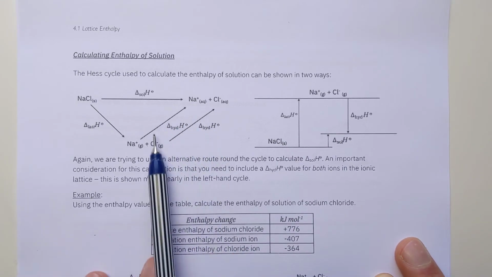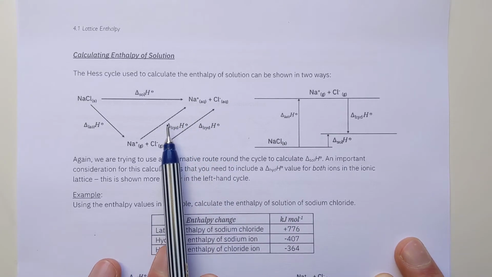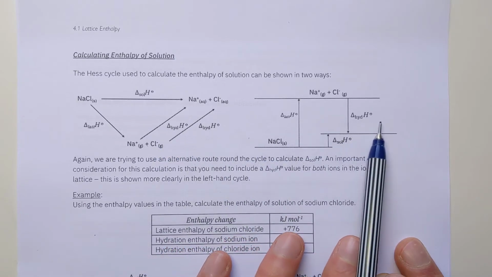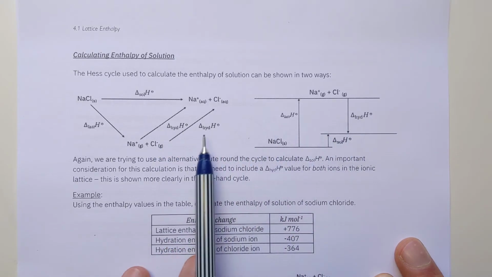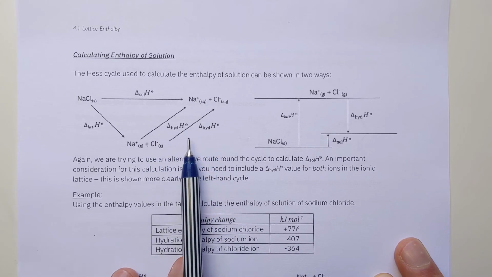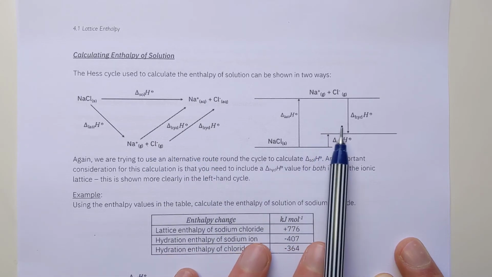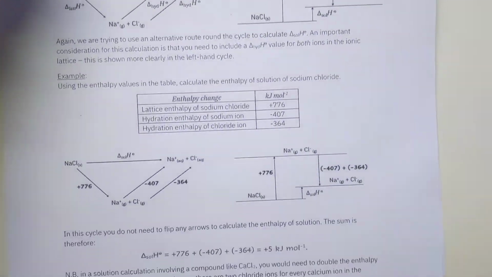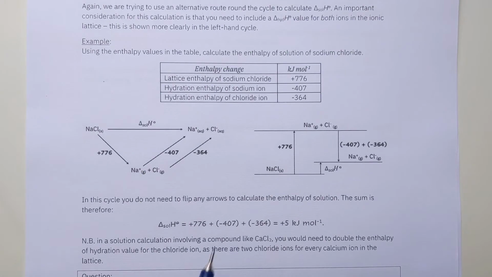One advantage of this cycle is it does show you explicitly that you've got a value for each ion. In this diagram it's only shown as one hydration value, but really important you remember that you have to have hydration values for any ions you've got in your salt, not just one of them.